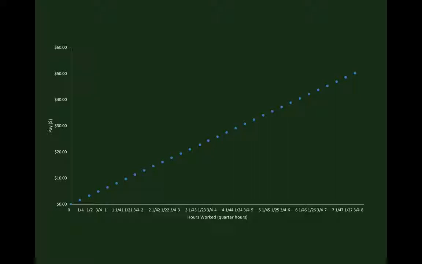Now the other thing we can do is look at a graph of this recursive process. And when you see the graph, I hope you see straight away why we call this a linear recursive process. It's because of the pattern that we're seeing. These are ordered pairs, each point represents an amount of time in quarter hours, 1 1/4 hours say, and we can project across.